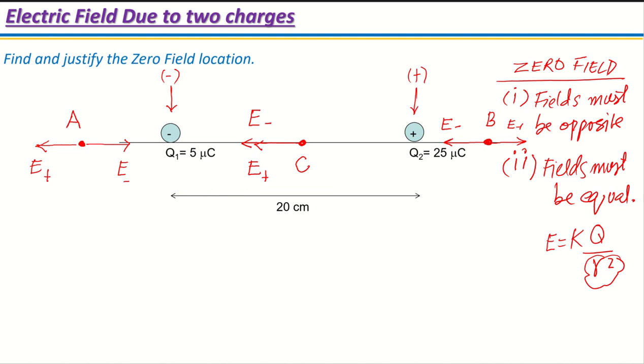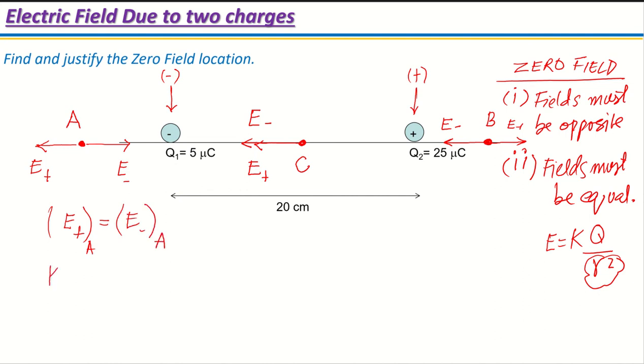So there is a possibility at A. In short, in these kinds of situations, the electric fields are equal closer to the smaller charge. So we can write E plus at A is equal to E negative at A.